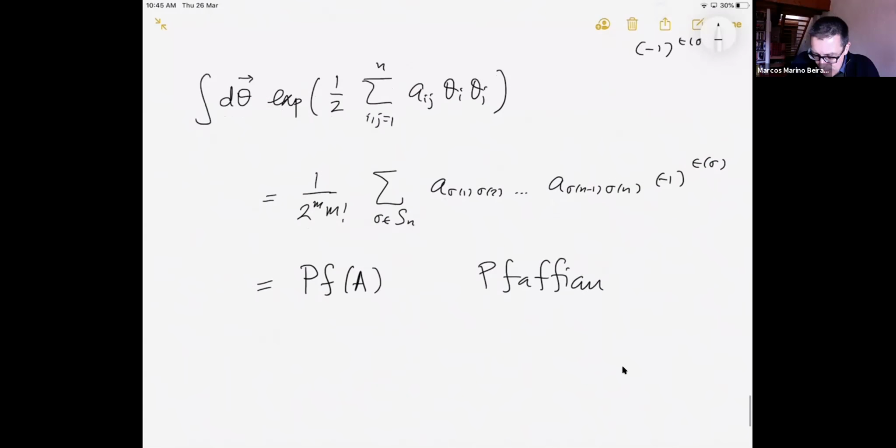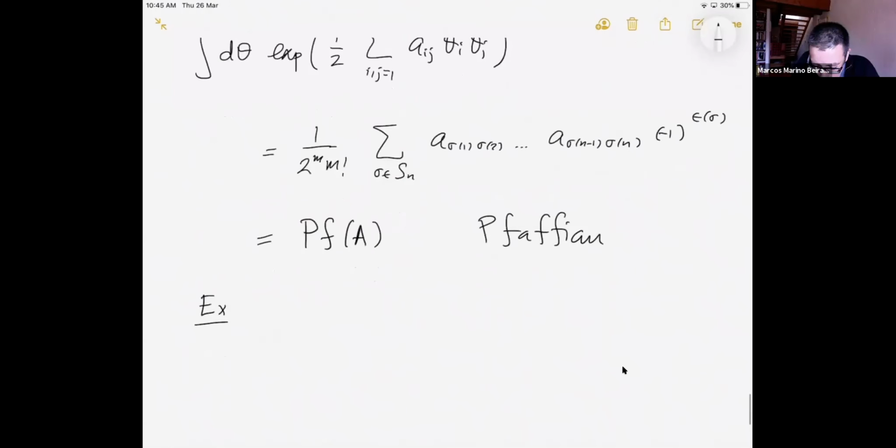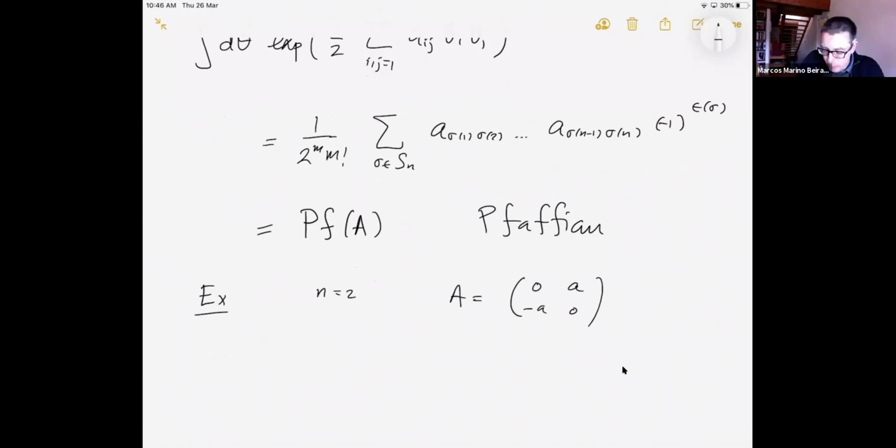So let me give an example to see what kind of object this is. The simplest case is when n is equal to 2. So A is an antisymmetric matrix of the form (0, a; minus a, 0). So n is equal to 2, m is equal to 1, and what is the Pfaffian of this matrix? Well, it's 1 over 2, since 2 to the 1 is 2 and 1 factorial is 1, and then I have to sum over permutations of two indices.